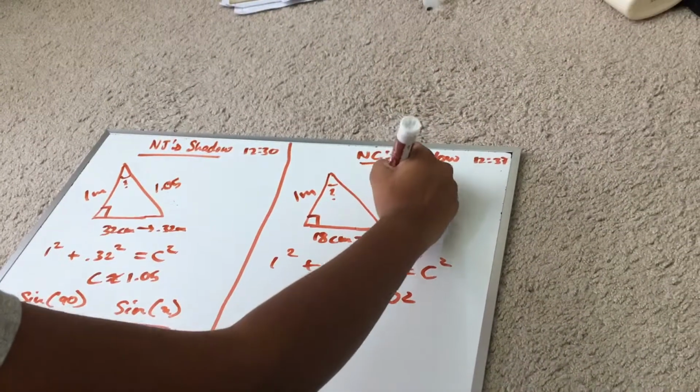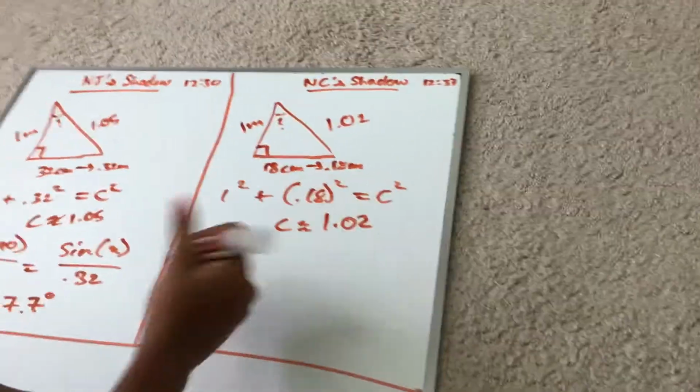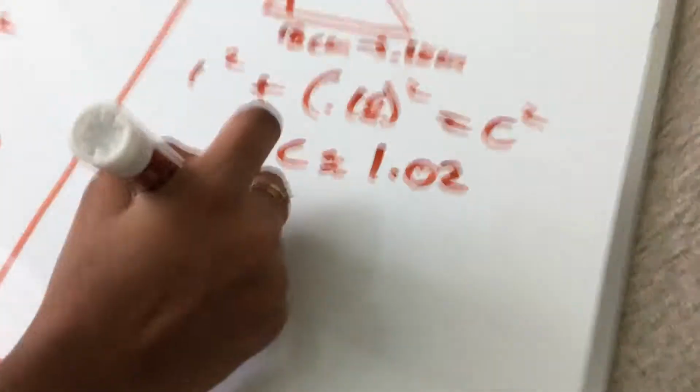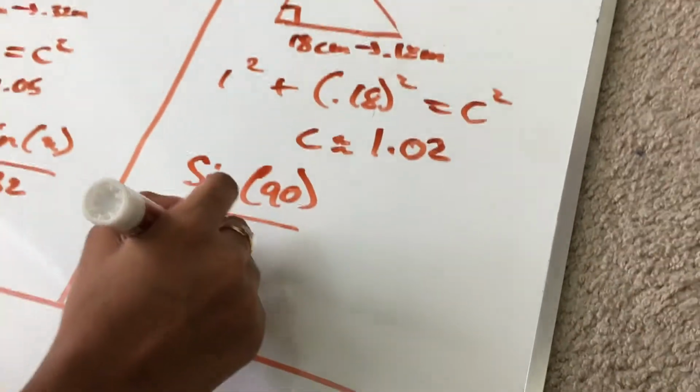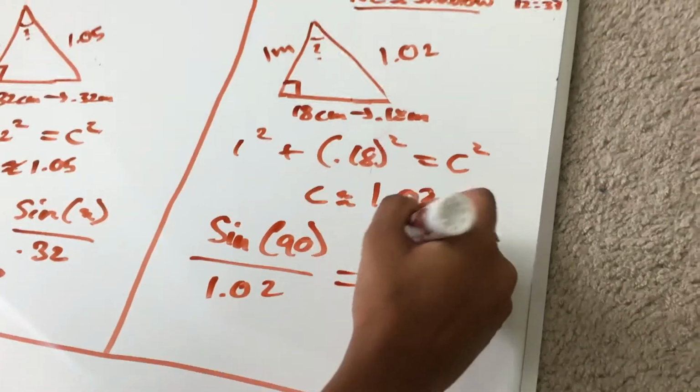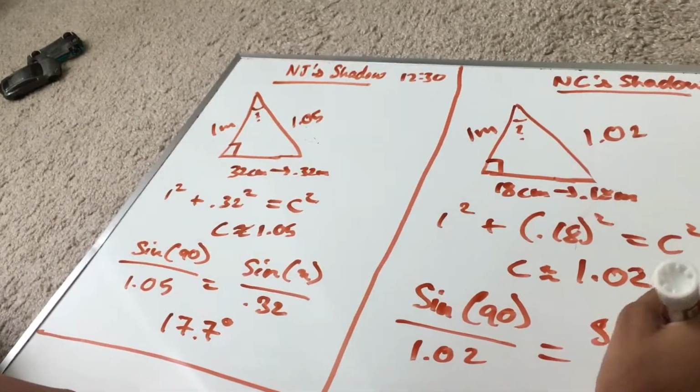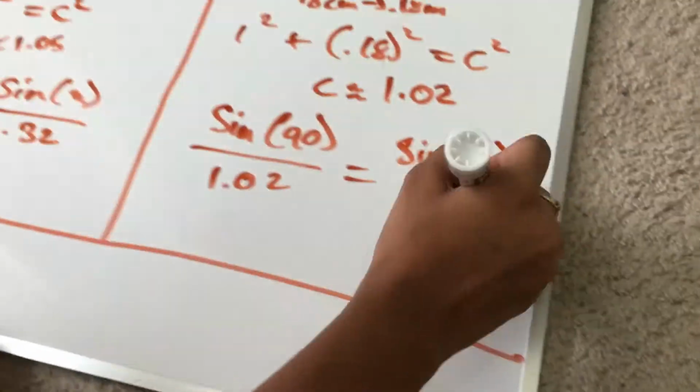So knowing that, you do sine of 90 over 1.02 equals sine of x over 0.18.